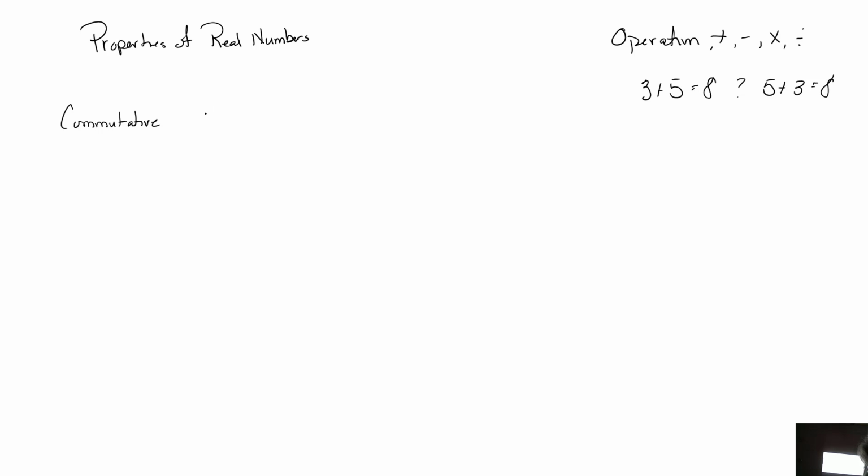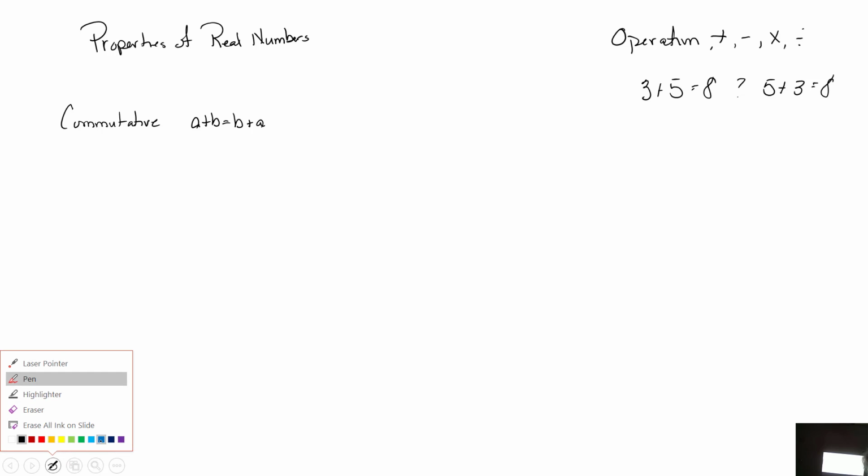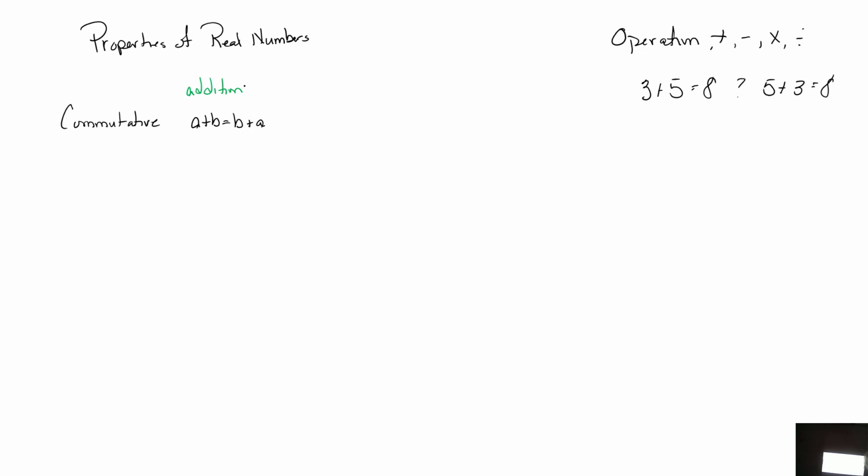So the commutative property tells me that if I add two numbers in one order, I can reverse the order and get the exact same answer. And by the way, if you notice, we said that this works under the addition operation. Now, does that work for subtraction? If I say 3 minus 5, is that the same as 5 minus 3?